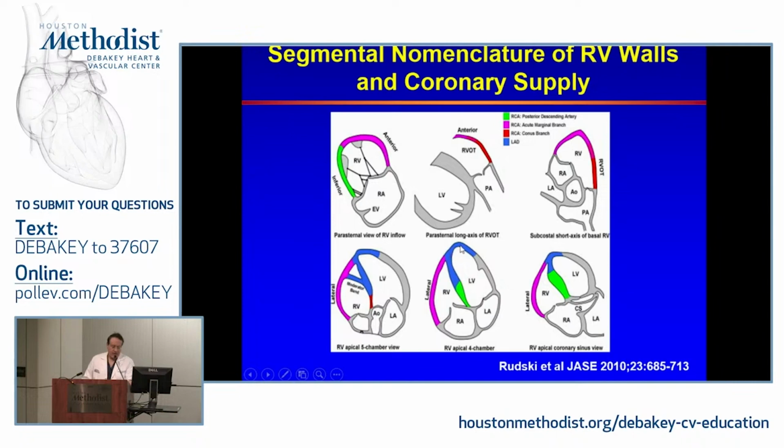The apex of the heart and the apex of the right ventricle get their blood supply from the left anterior descending coronary artery. The posterior 1/3 of the interventricular septum gets its blood supply from the posterior descending coronary artery.